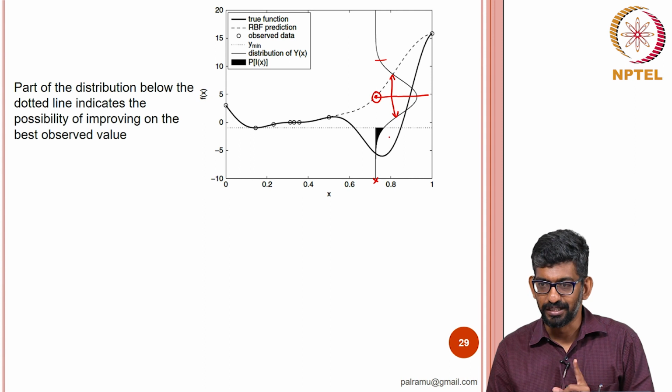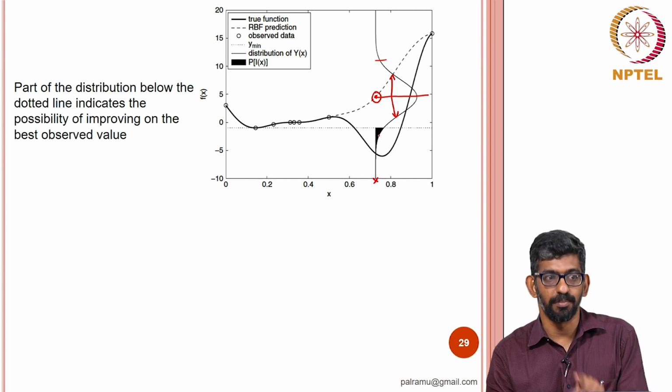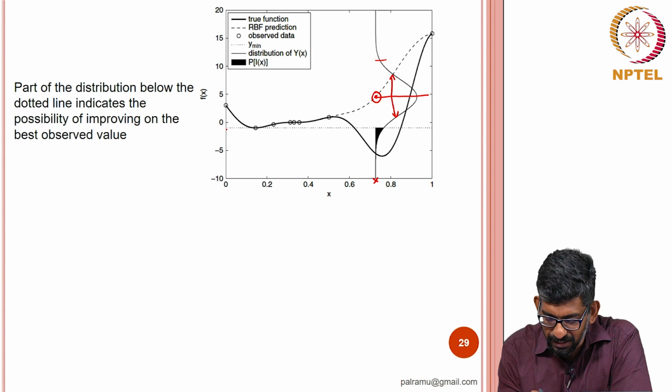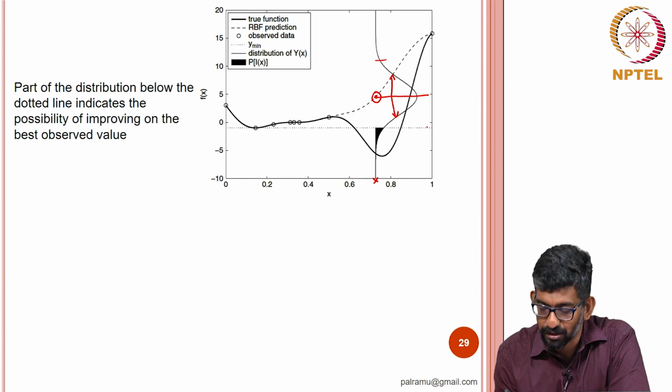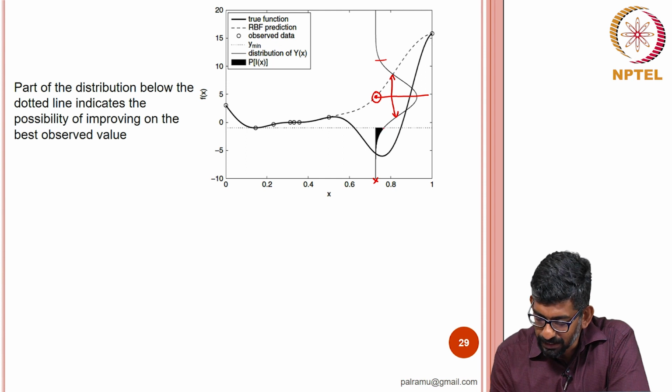Yes, if you put a point here, I will tell you the probability of getting a better minima. What does that mean? Here is this small dotted line, this is my minima line, and this is the intersection with the probability distribution curve.